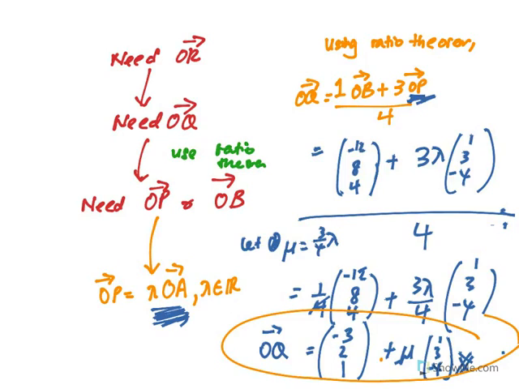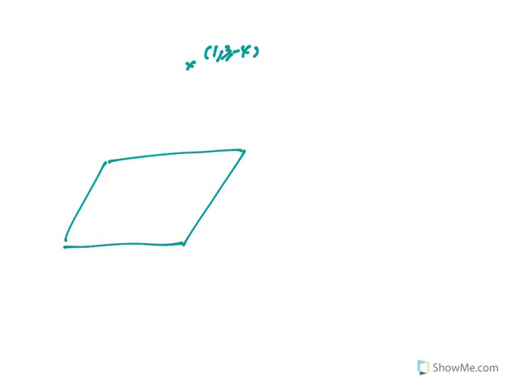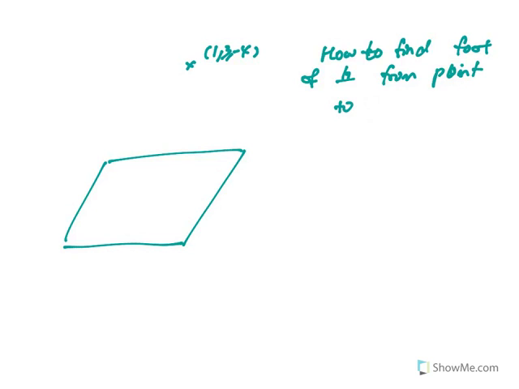Very simple, children. This is under the topic of intersection, what we call the foot of the perpendicular. I give you a plane and I give you a point, (1, 3, -4). How do we find the foot of the perpendicular from the point to the plane?